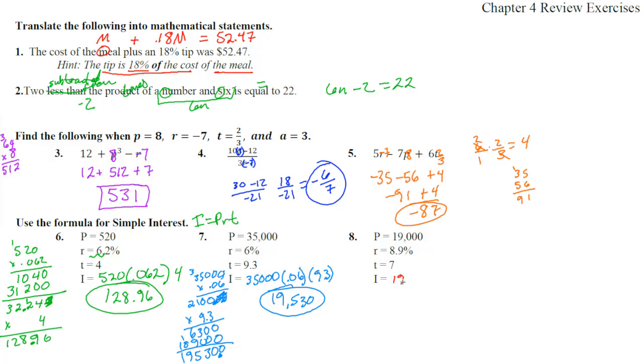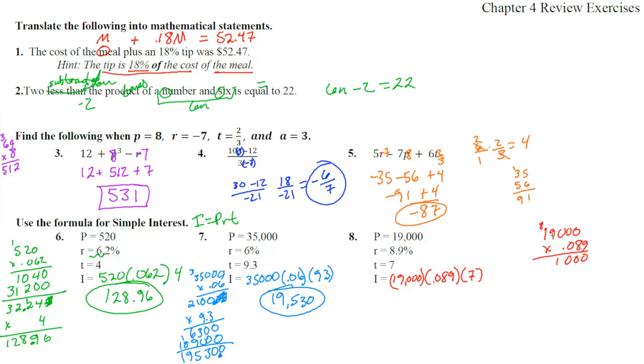So we get 19,000 times 0.089, and then we times that by 7. So that's PRT. Okay, 19,000, we'll do it over here. 19,000 times 0.089. 9 times 0, 0, 0. 9 times 9 is 81.